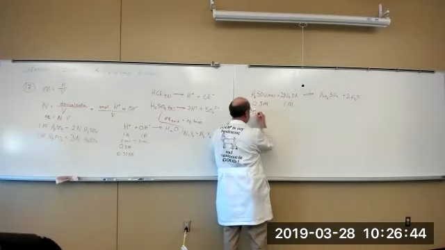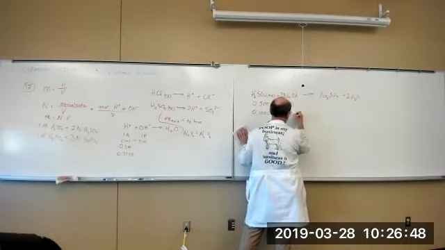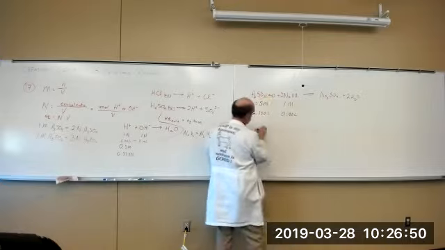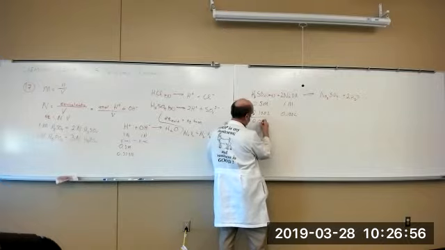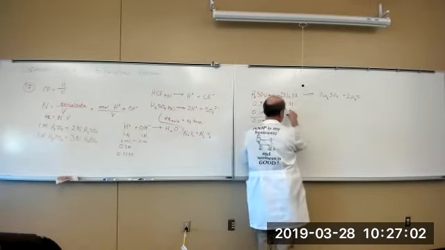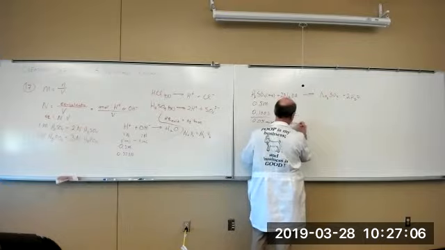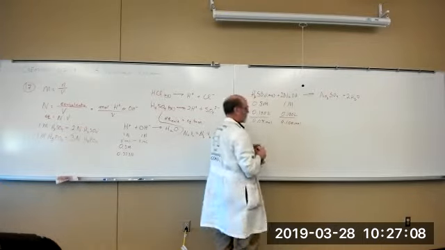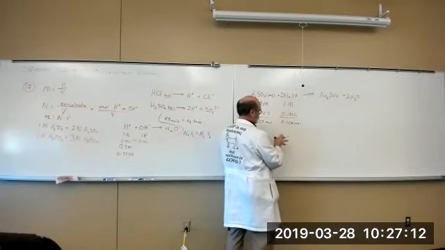Let's say we have a 10th of a liter, 0.1 liter. So this one would be 0.1 times 0.5 is 0.05 moles of H2SO4. And this one would be 0.100 moles.